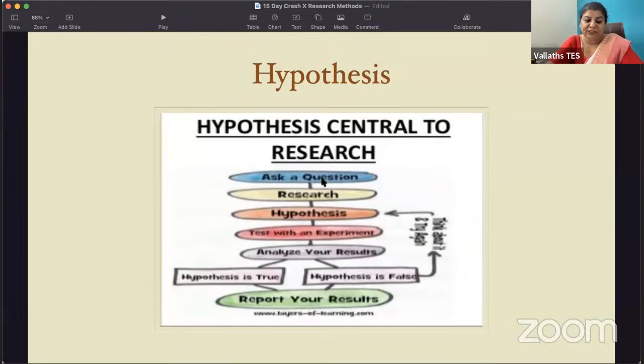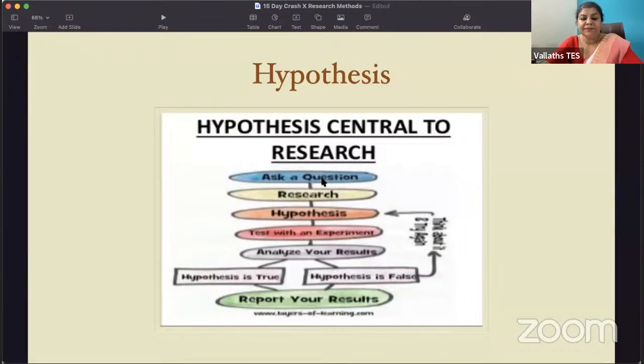Okay, research question. First you should have a general question, then you should convert it into a research question. Based on that, you should develop testable presumptions or hypothesis. And this hypothesis, you should be able to test with an experiment.